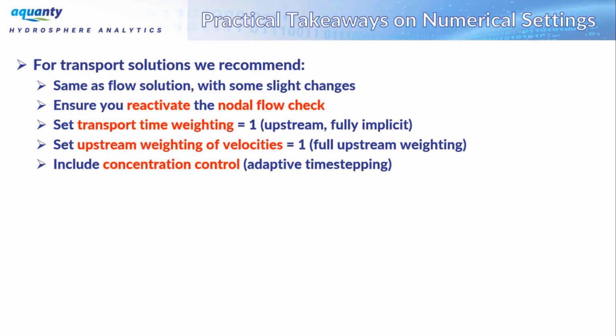Set transport time weighting equal to 1, so that's upstream fully implicit. We recommend using upstream weighting of velocities. And in addition to the flow control variables for adaptive time stepping, there are also a number of transport control variables, for example, concentration control.